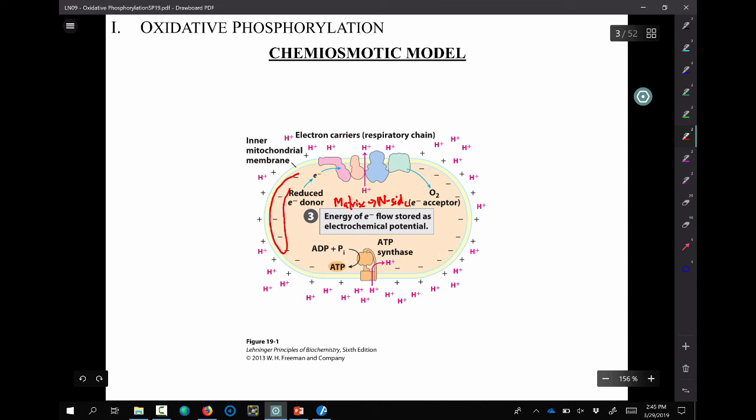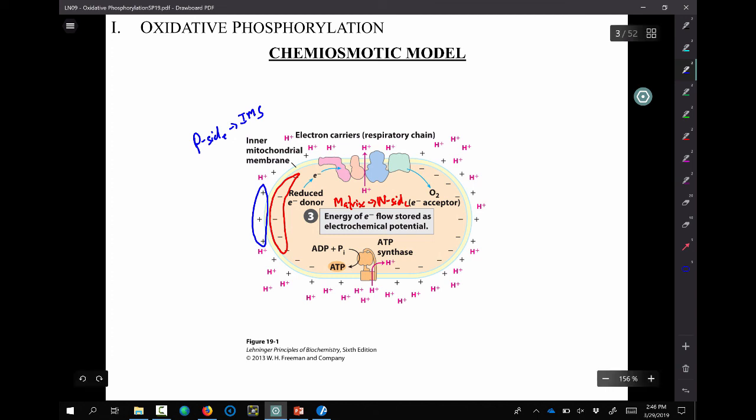So in for negative. That would make the exterior out here the P side, or if you are talking about a mitochondria, the intermembrane space. That would be our membrane potential setup. It's positive on the outside, negative on the inside.